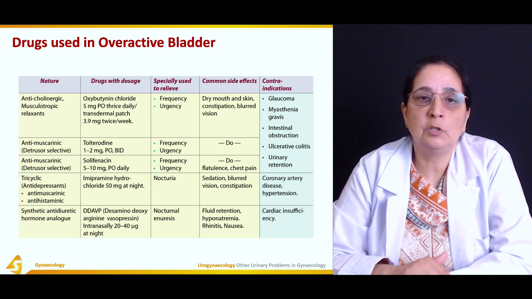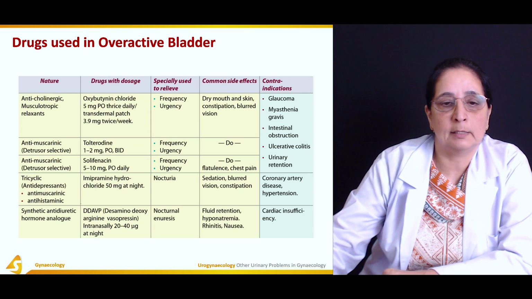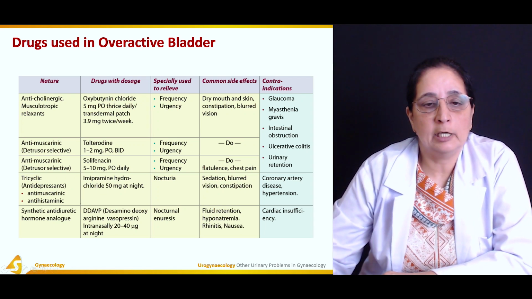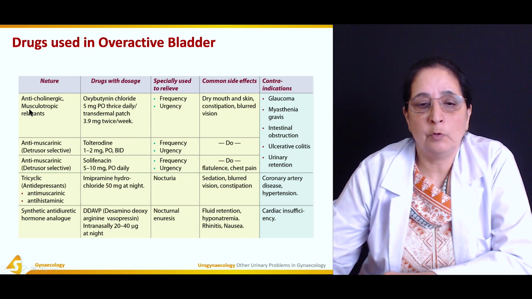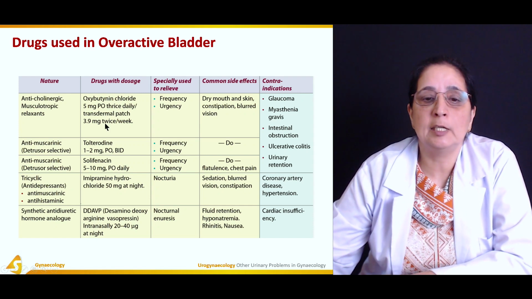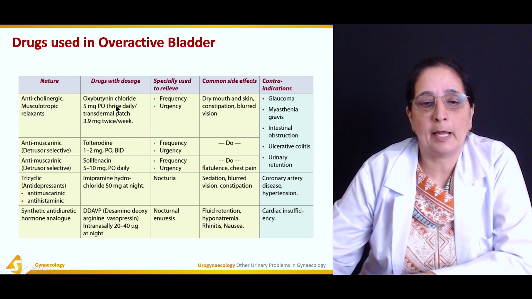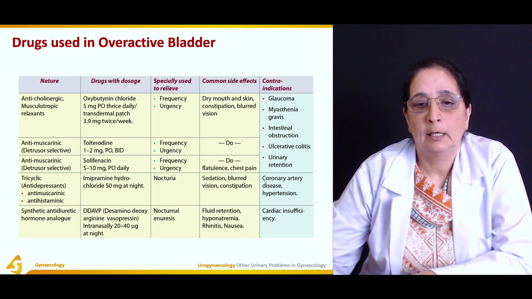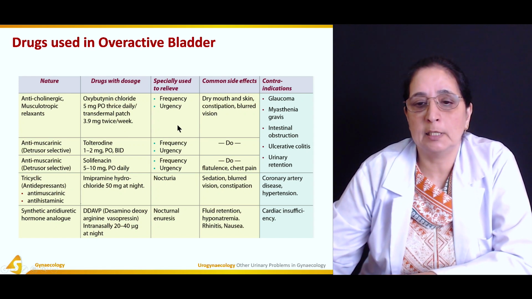The drugs used for treatment of overactive bladder, we have anticholinergic and musculotropic relaxants, in which we have oxybutynin chloride, 5 milligram orally 3 times a day, and then it can be a transdermal patch twice a week, usually used for frequency and urgency.